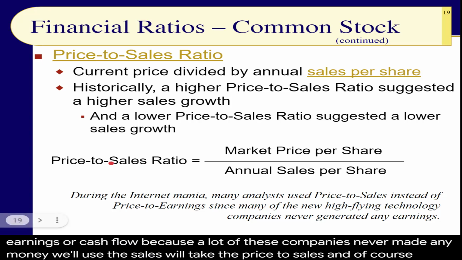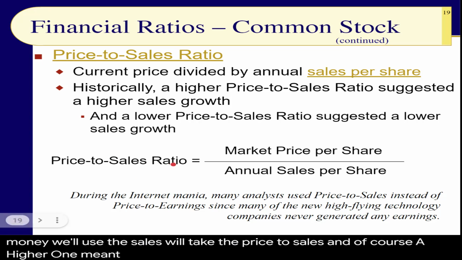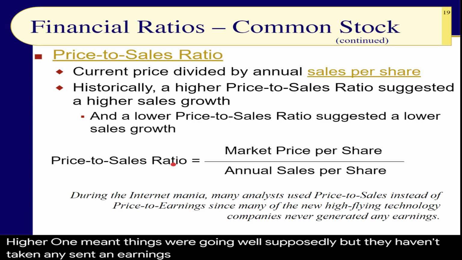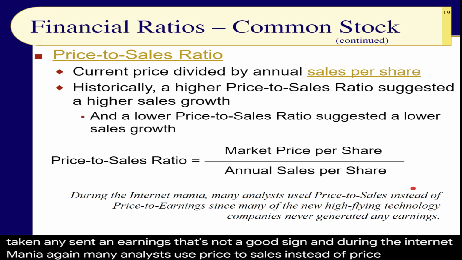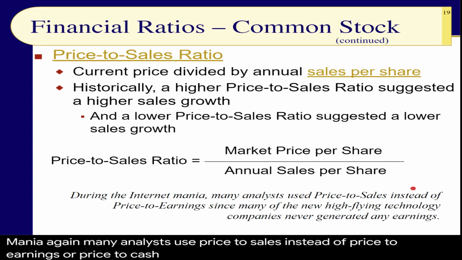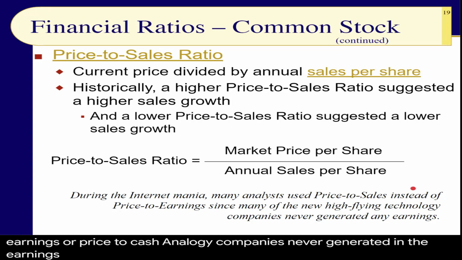And of course, a higher one meant things were going well, supposedly, but if they aren't making any earnings, that's not a good sign. And during the internet mania, again, many analysts used price to sales instead of price to earnings or price to cash flow, since many of these new high-flying technology companies never generated any earnings and most of them disappeared.